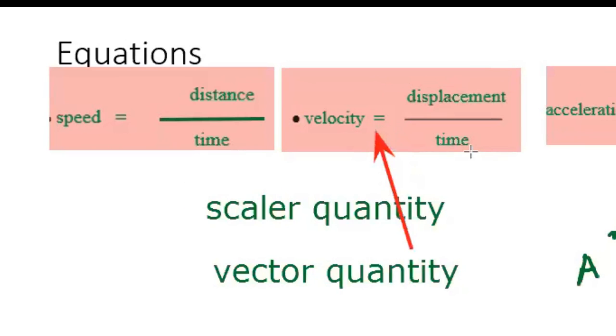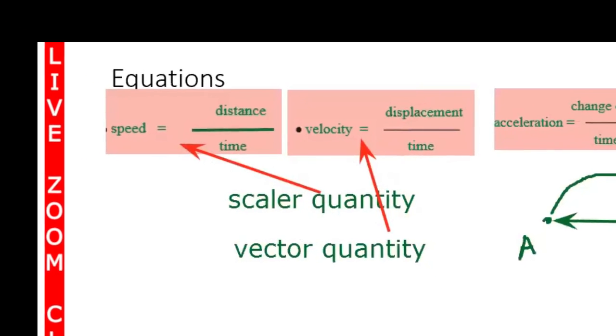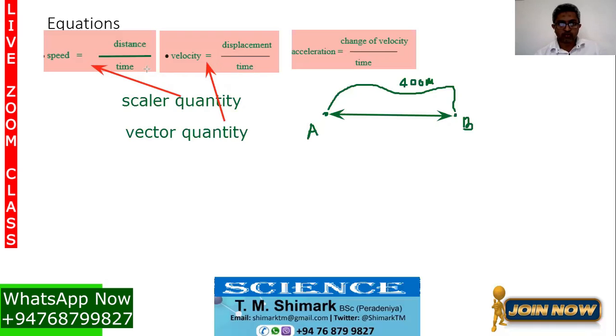Velocity is always a vector quantity, but speed is a scalar quantity where no direction is involved. And we should also know what acceleration means. Acceleration is always calculated as the change of velocity divided by time.